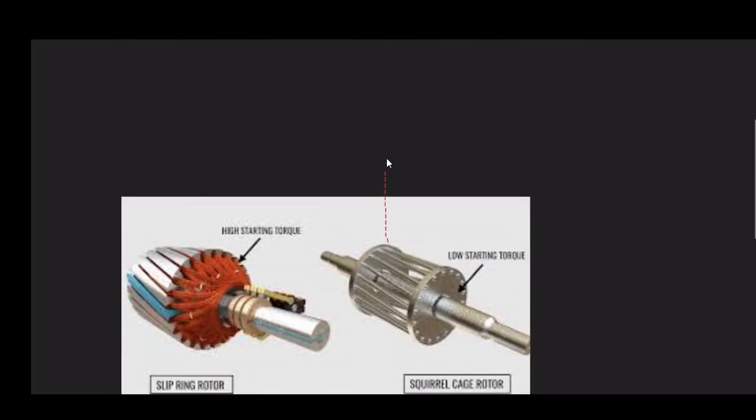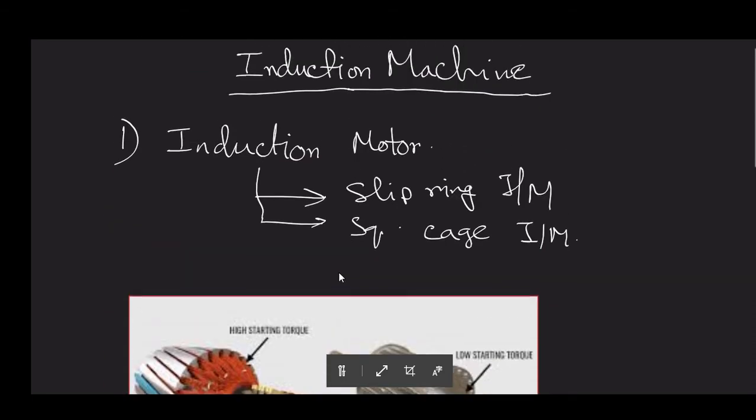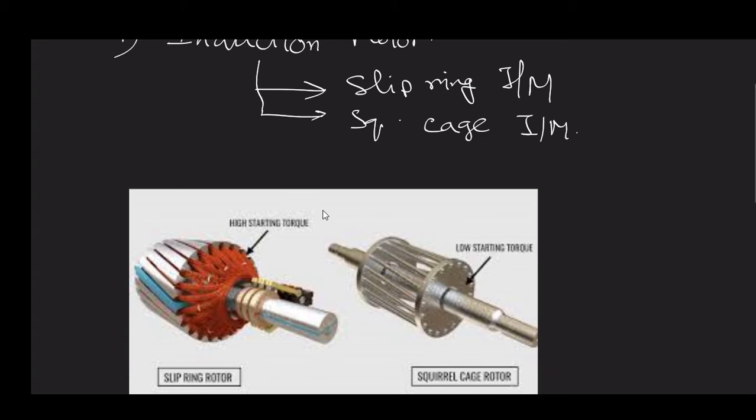So here I would like to say one thing: like our synchronous machine, we were having two different types of machine based on their rotor structure. One is cylindrical rotor machine, another one was salient pole machine. And here also the stator structure remains more or less the same as our three-phase stator, but the rotor structure is slightly different.